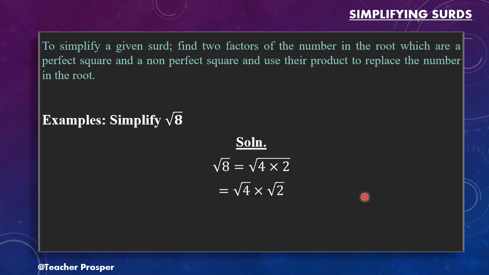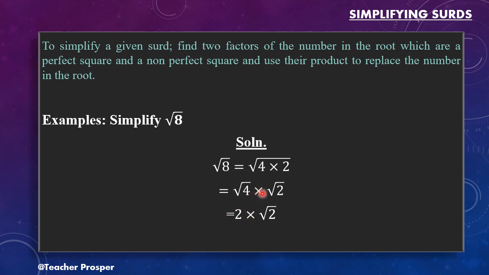Alright, so when we do that, we have the right to separate them and give this square root of 4 and give this square root of 2. Now, from the perfect squares that we were talking about, 4 is a perfect square, so square root of 4 gives us 2.